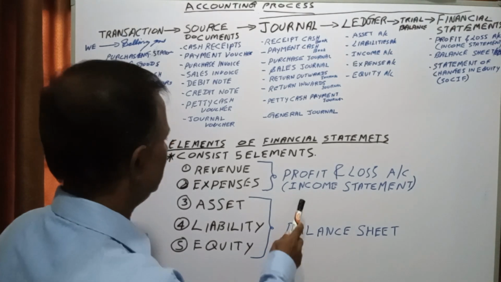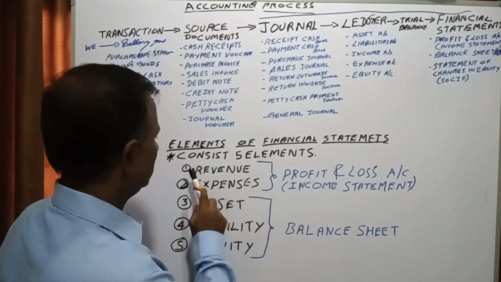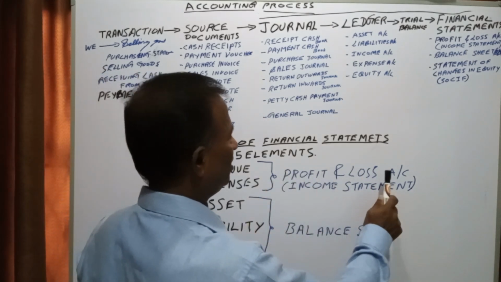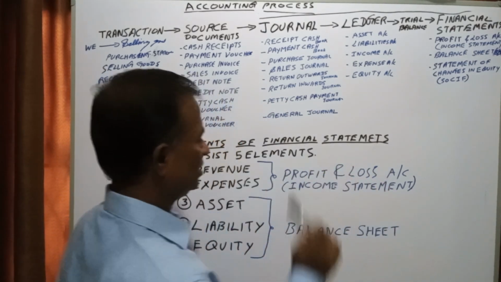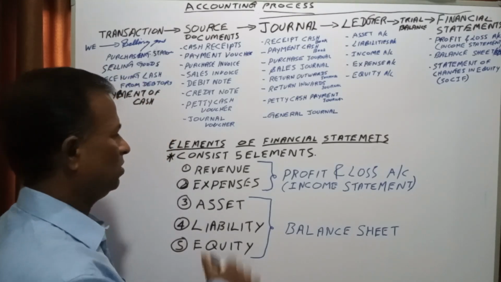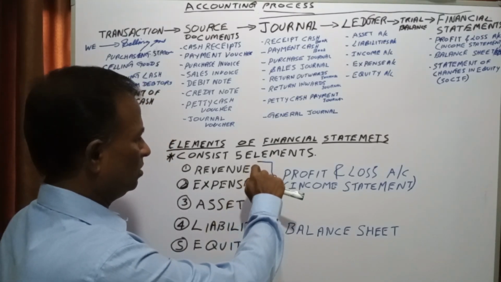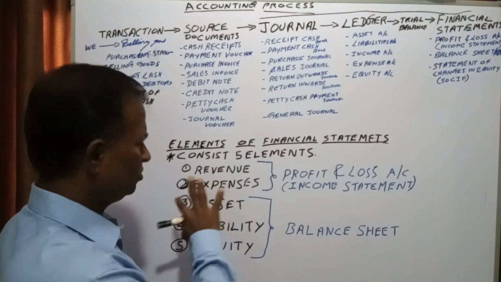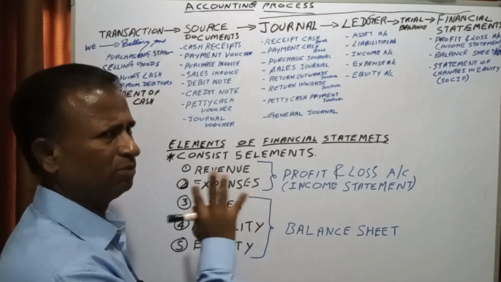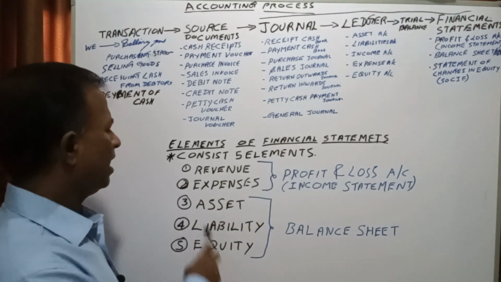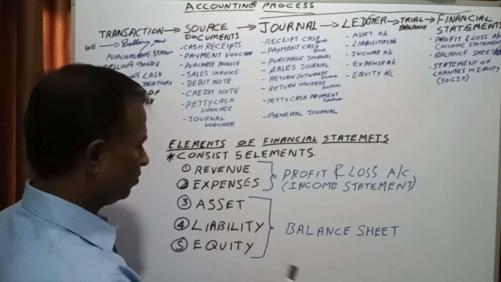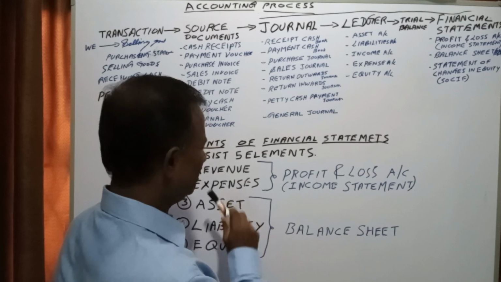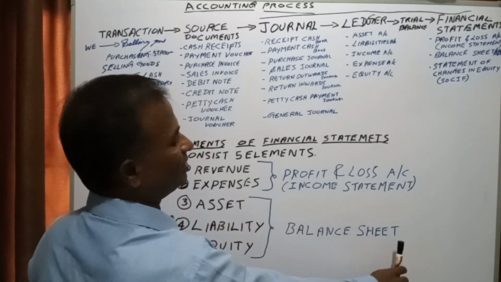Here we have to see that revenue and expenses appear in the profit and loss account, that is the income statement. These two only consist in the profit and loss account. Assets, liabilities and equity, these three only consist in the balance sheet.